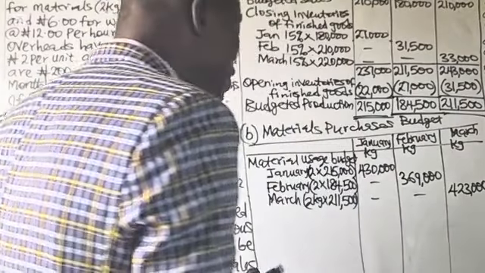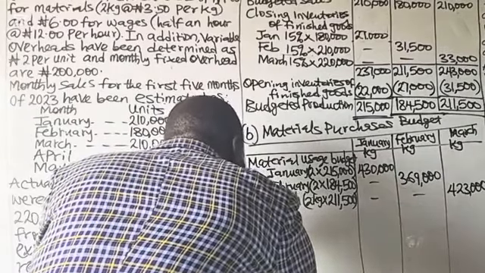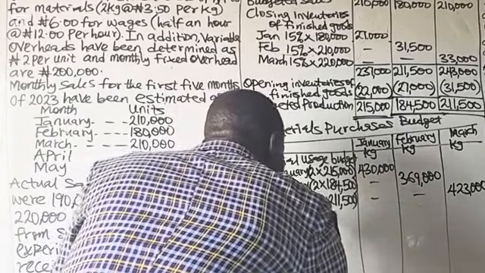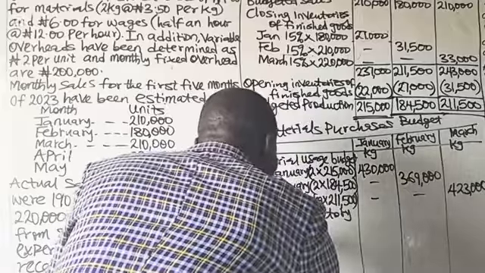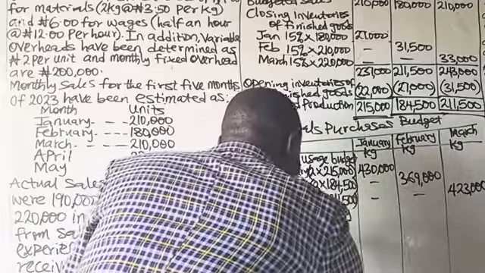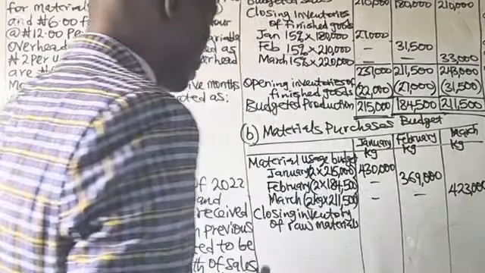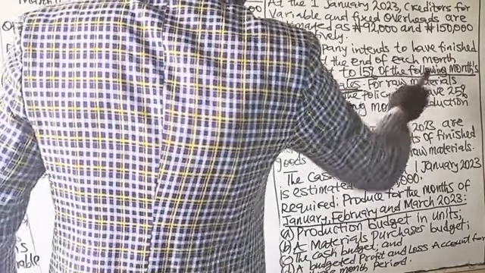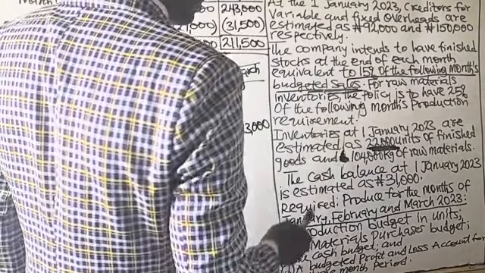So I've told you at this juncture, you add closing inventory of raw materials. Remember, you were told the company intends to have finished stocks at the end of the month equivalent to 15% of the following month's budgeted sales.